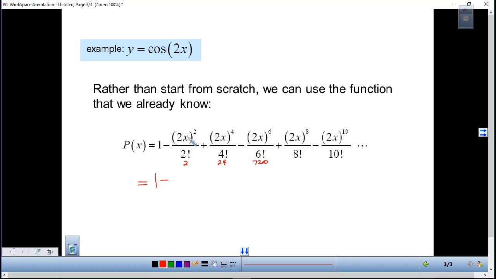But 4x squared over 2 factorial would give you 2x squared. And then here we got 16, with the 2 to the 4th, over 24.